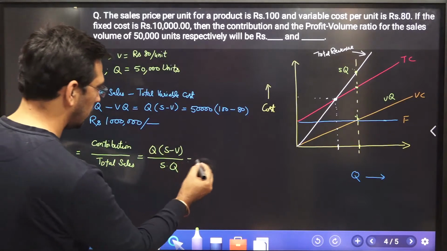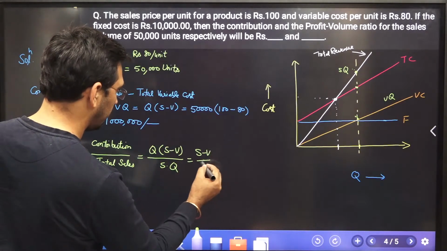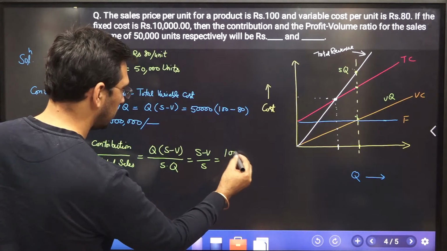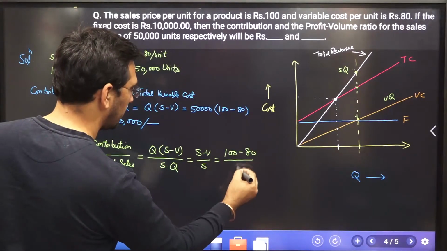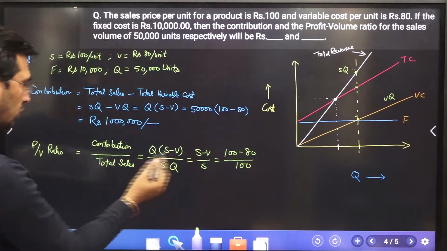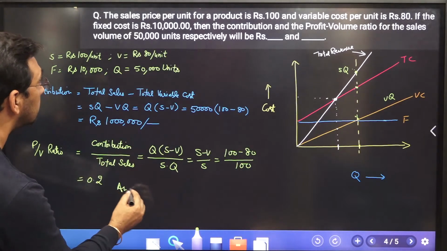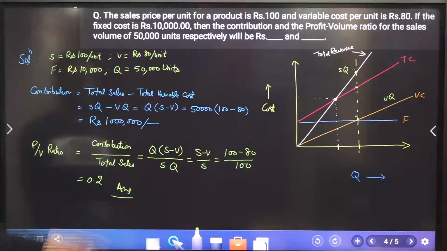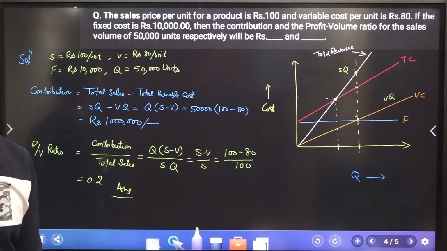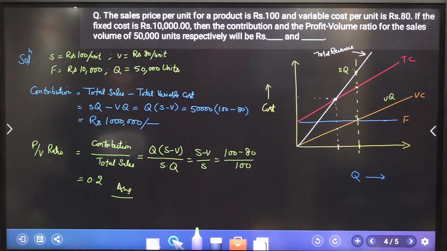Q will cancel out, S minus V divided by S. S is 100, minus 80, divided by 100, that is 0.2. This becomes my answer. So one is this and this. So keep it in mind. This could be a question.